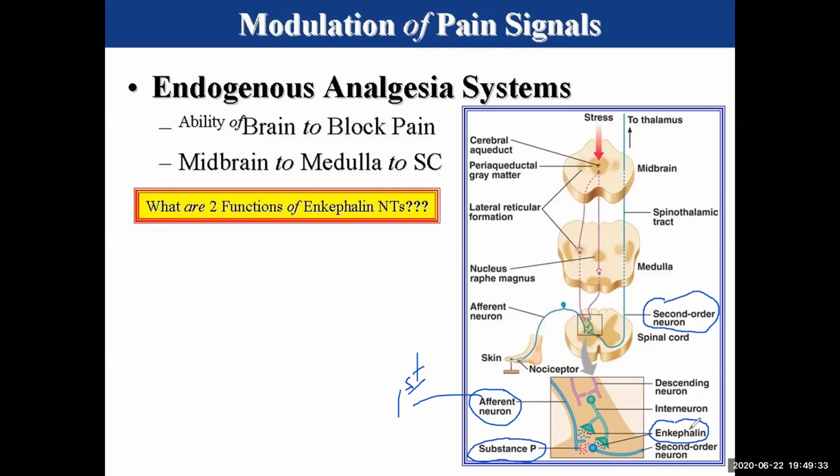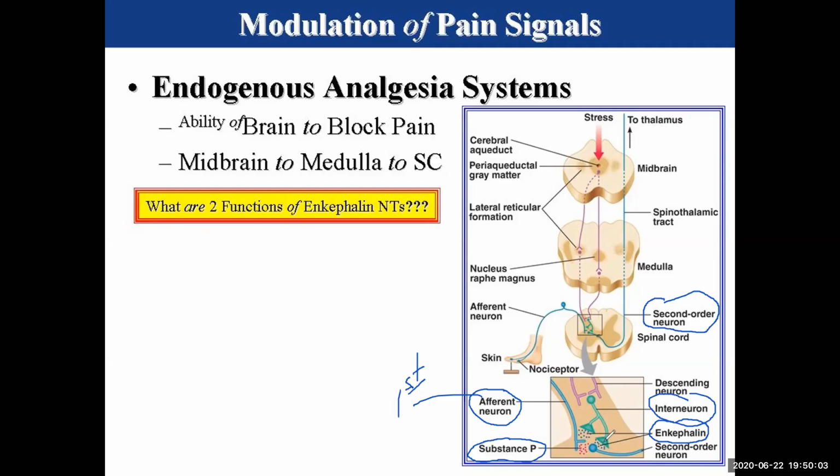So enkephalin released by the interneuron has two functions. Function number one, it inhibits the first order neuron from releasing substance P. And function number two, it induces generations of IPSPs on the cell body of a second order neuron. Right? In both cases, less substance P, less formation of EPSPs on the cell body of the second order neuron, less action potential being fired.